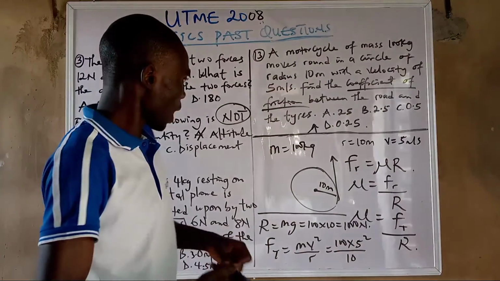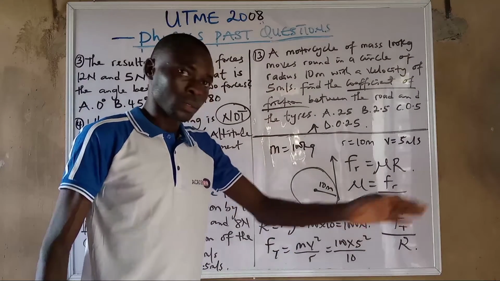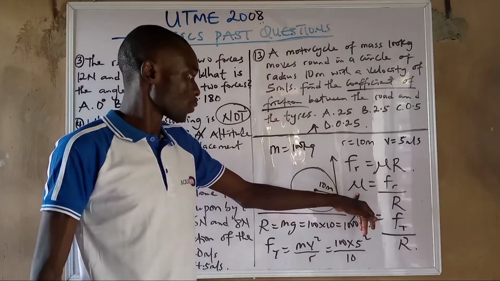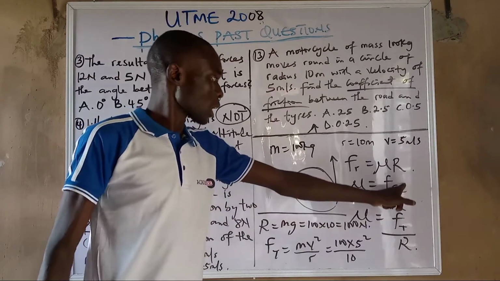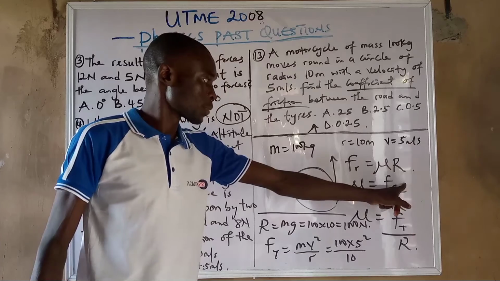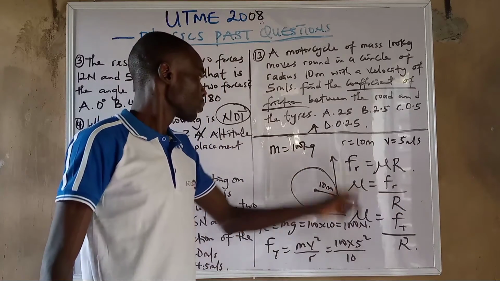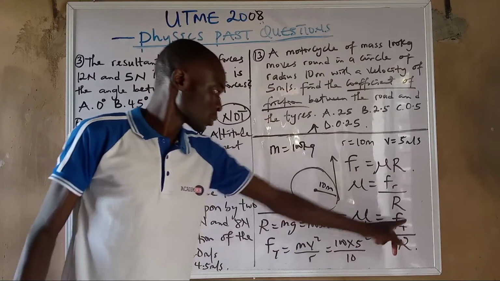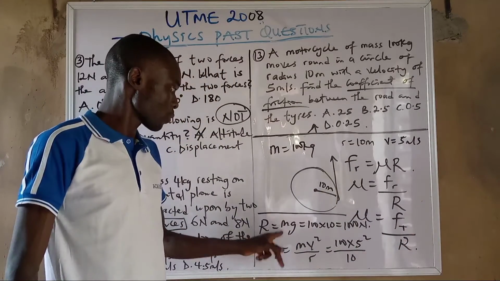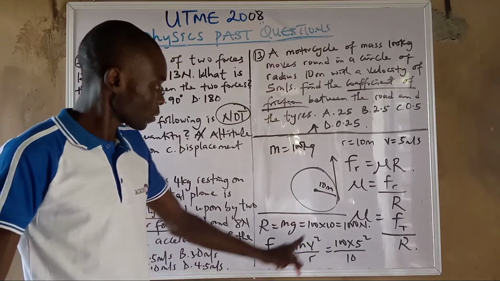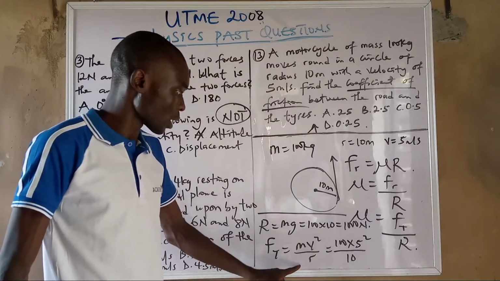So you are having two different formulas to use. The formula relating the coefficient of friction has normal reaction and frictional force, but the type of force occurring here is a form of centripetal force. So for our normal reaction, we are having mg, which we have calculated. For our centripetal force, we are having this formula mv square over r.